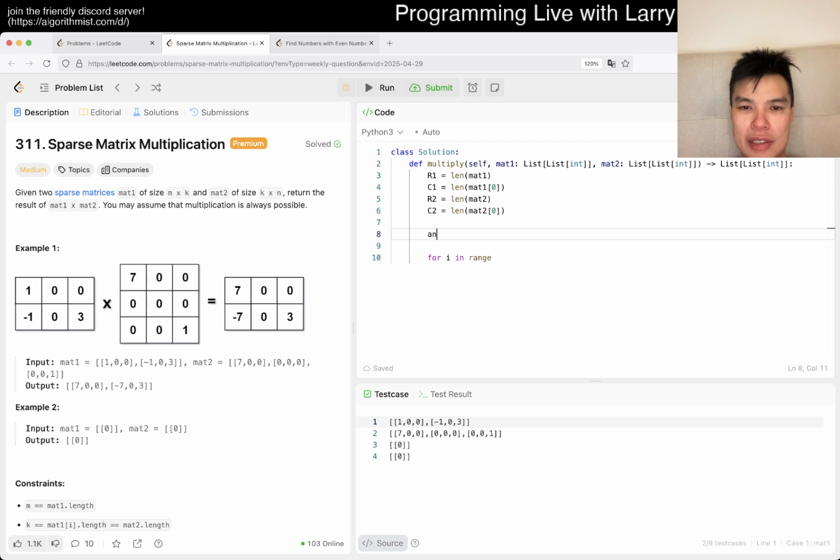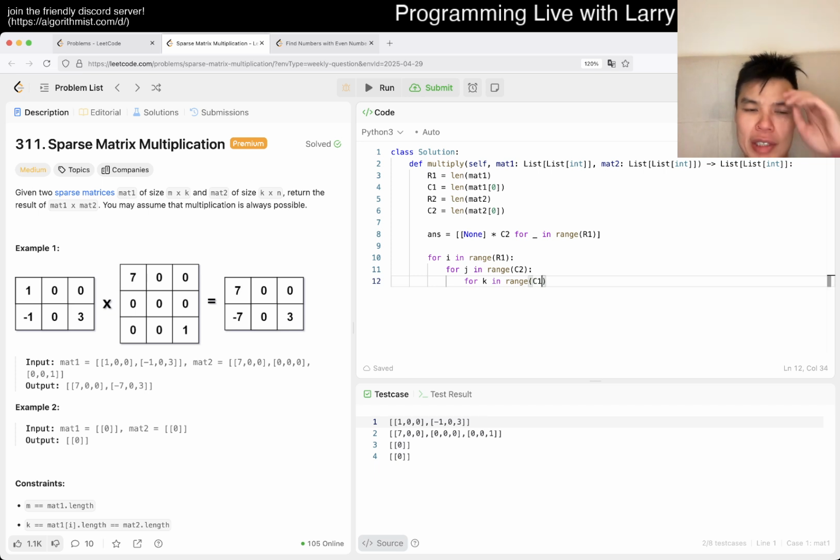So now answer is equal to, times I think C2, in the range of V1 R1. And we assume that C1 is equal to R2, or otherwise you cannot multiply. I always forget. Maybe my loop is wrong.